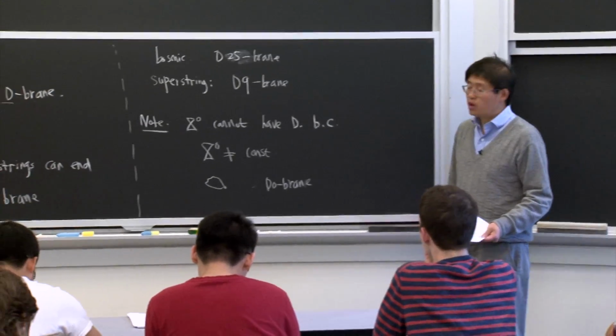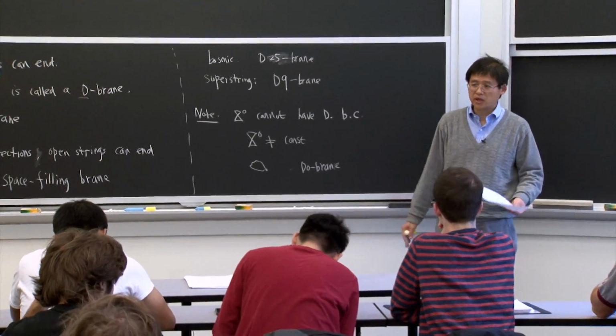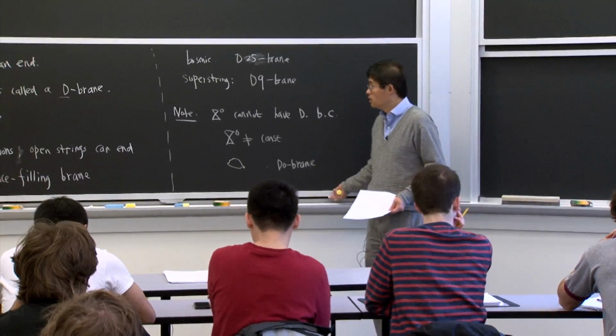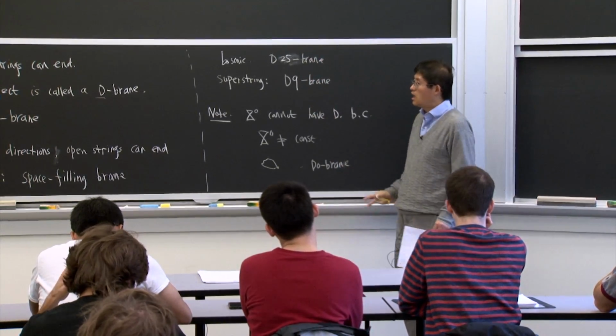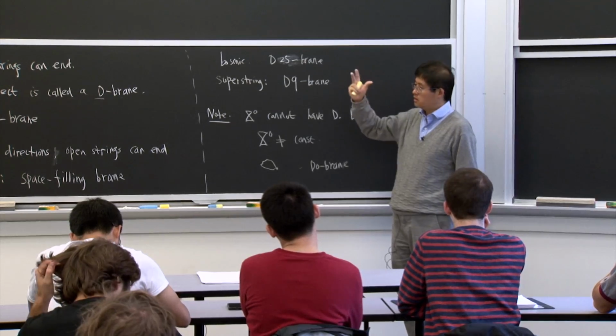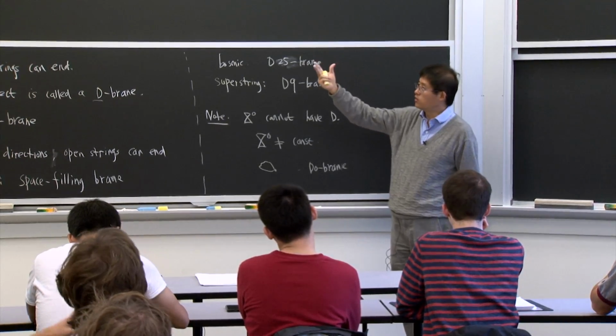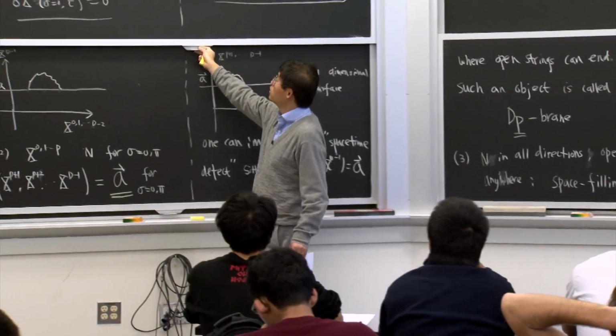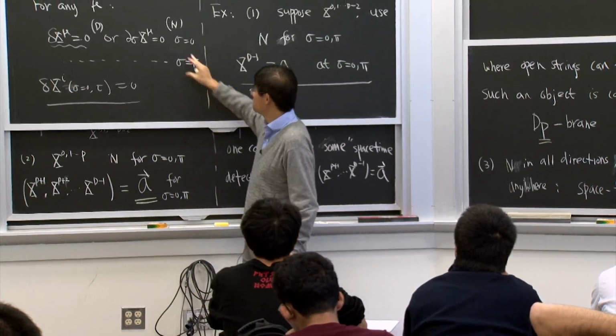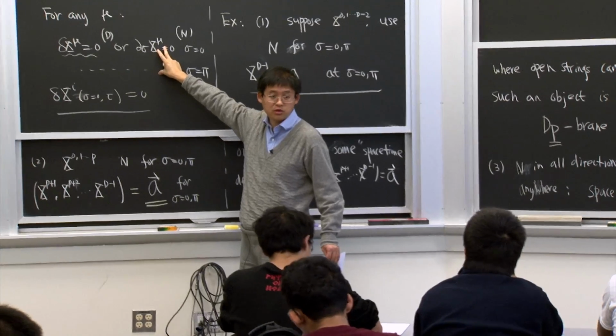So now let's consider more complicated, slightly more complicated boundary conditions. By introducing this D-brane, now you can have all different possible boundary conditions. As we said here, for each direction you can have, in principle, 4 possible choices.